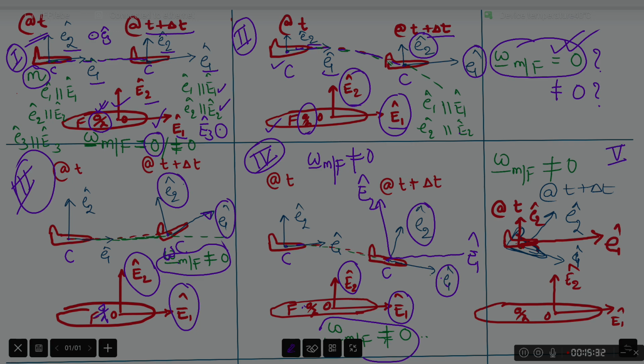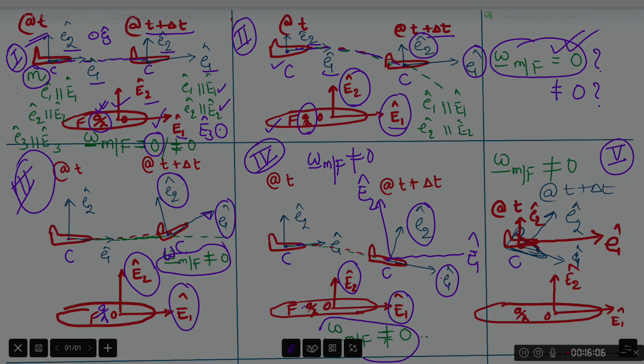We go to the next case, case 5. Same frame, same aircraft. At time t, the orientation of small e1, small e2 are shown in red color. They are perfectly aligned with big E1 and big E2. However, this time the aircraft is a special aircraft in the sense that this point C continues to remain at the same place where it was at time t.